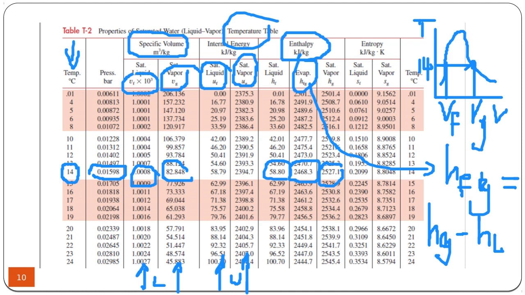So hfg is actually the difference of the enthalpy of the gas and the enthalpy of the liquid. And the final two columns belong to entropy, which we haven't learned yet. Similarly, the first one belongs to the entropy of the saturated liquid, and the next one belongs to the entropy of the saturated vapor.